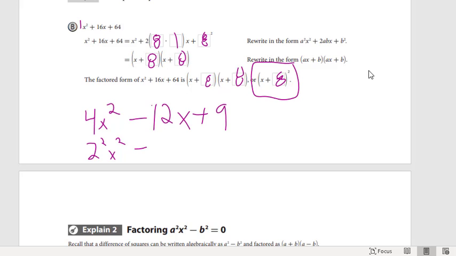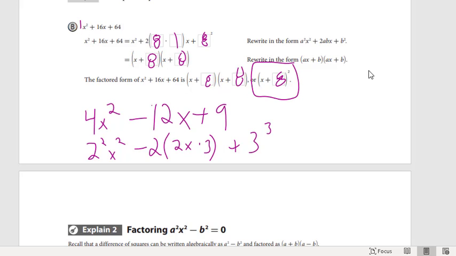And then 12 is the same as this times 2x times 3. So 3 times 2 is 6. 6 times negative 2 is negative 12. And then plus, this is the same as 3 squared. Notice that both the first and the last piece are squares.